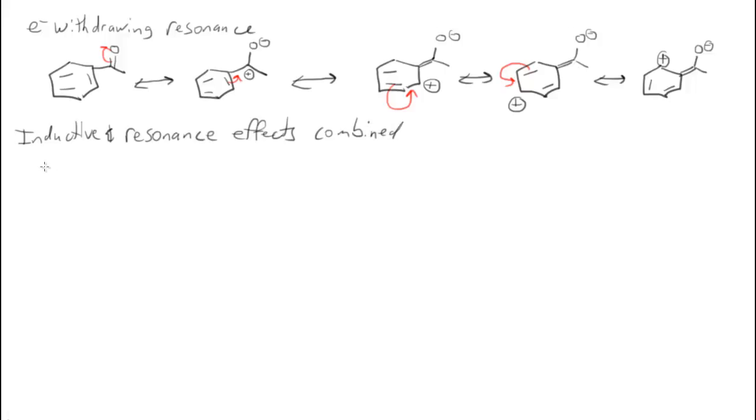So now that we've seen some electron donating and electron withdrawing resonance and electron donating and electron withdrawing inductive effects, let's put it all together and see what happens when they're combined. So the first question is, what is NH2? Is it going to be donating or withdrawing overall? If you remember, inductive effects from NH2 are withdrawing, and resonance effects are donating.